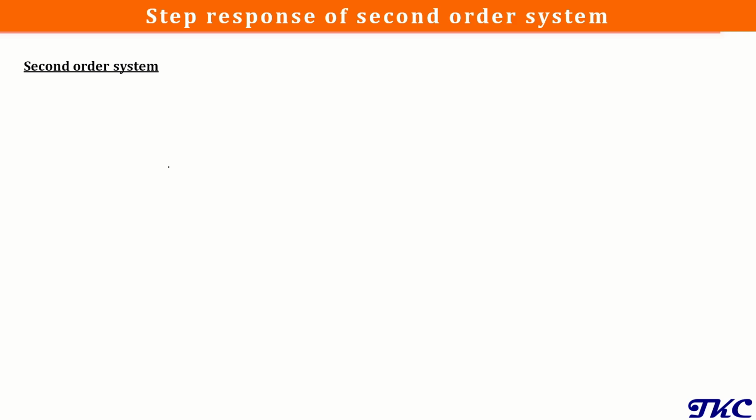We are aware that when we have a transfer function for any system, we need to look at the denominator and the highest power of s, and if it is 2, then we can say that the system is a second order system. An example of a second order system is a spring mass damper arrangement.